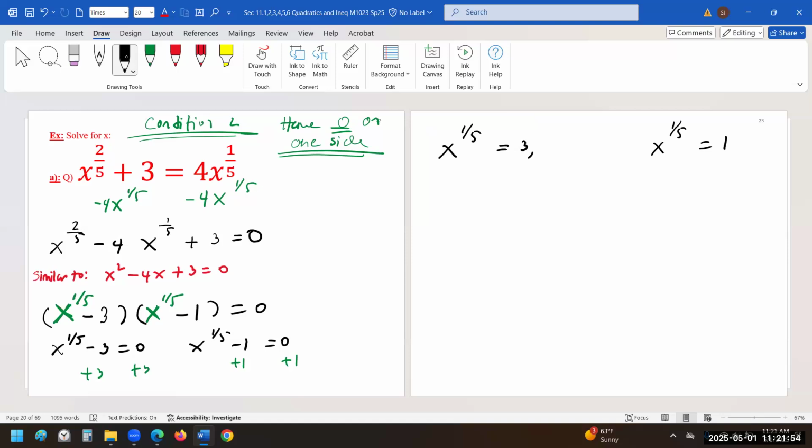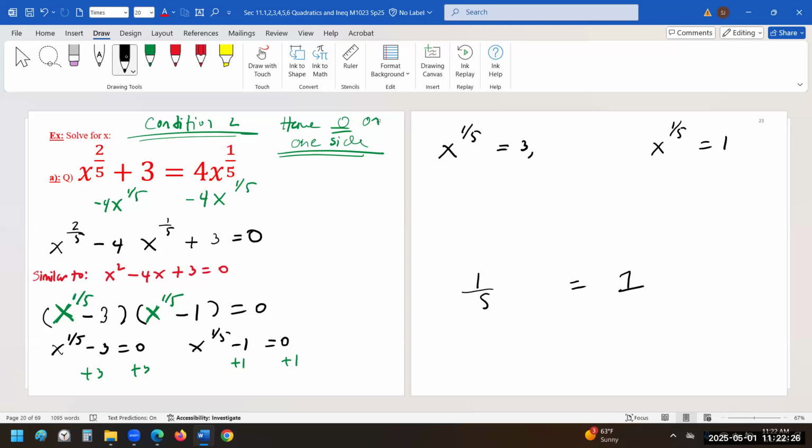And now we're almost done. The only problem is the 1/5 power. We don't want to see the 1/5 power. So what can you do so that the 1/5 power becomes 1 power? We want this 1/5 to become 1.